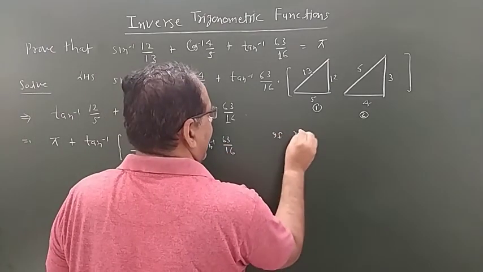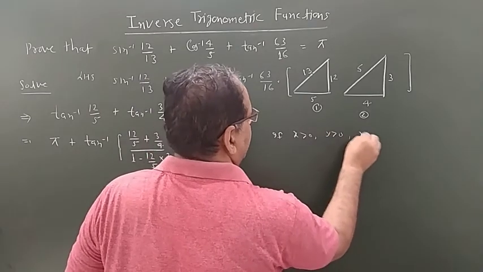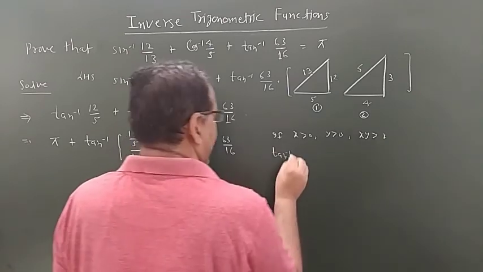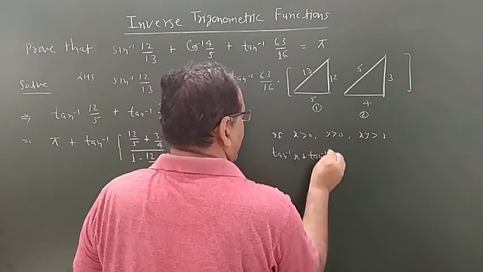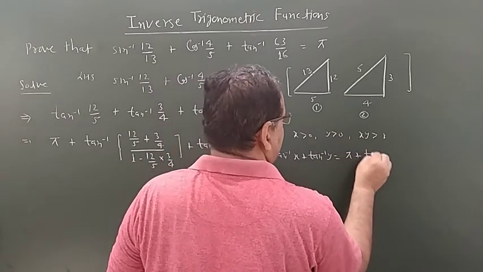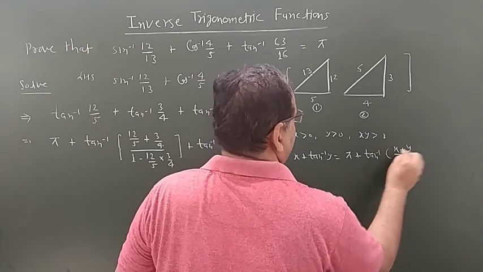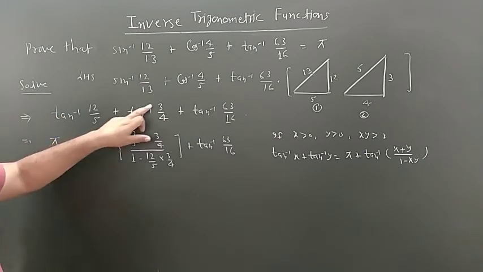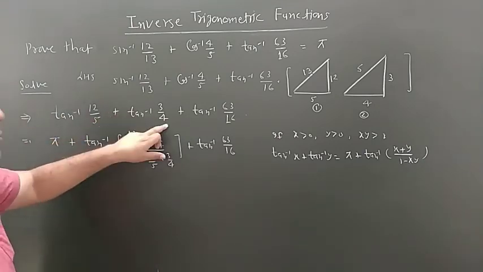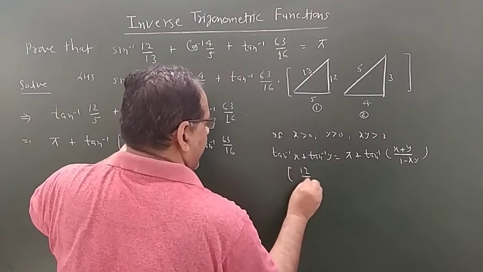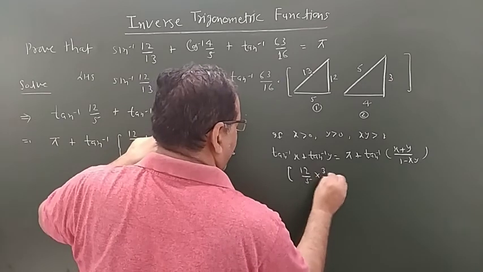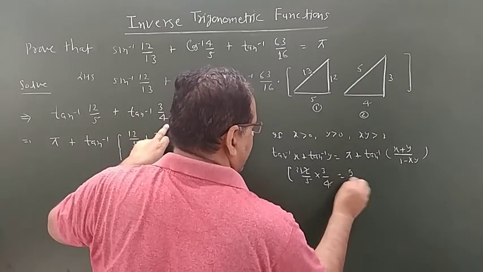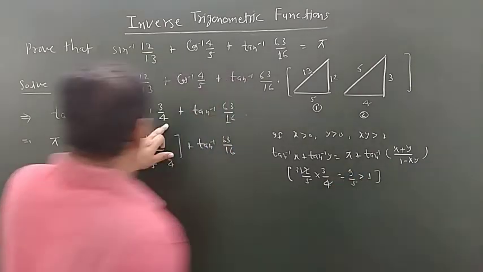If x is positive, y is positive and xy is greater than 1, then tan inverse x plus tan inverse y can be expressed as pi plus tan inverse of x plus y upon 1 minus xy. So here x is 12 upon 5, y is 3 upon 4. They both are positive and 12 upon 5 into 3 upon 4 equals 9 upon 5, which is greater than 1.